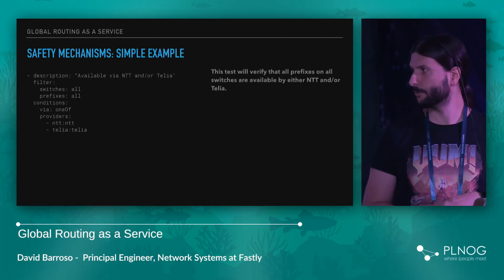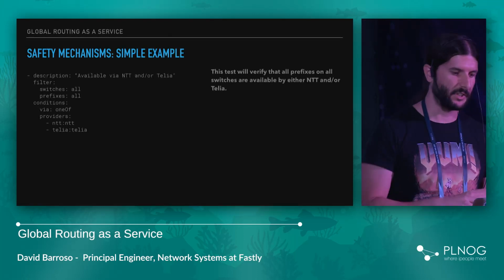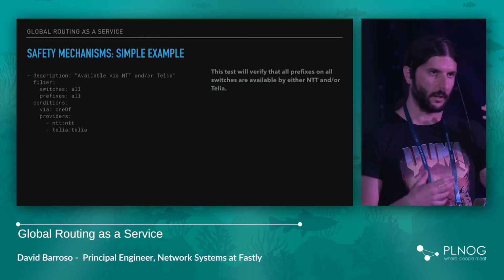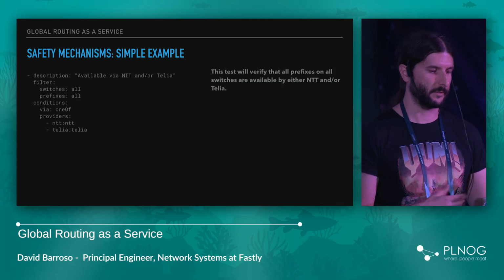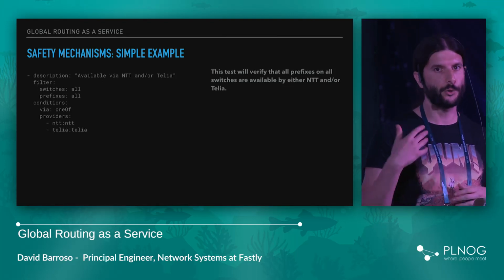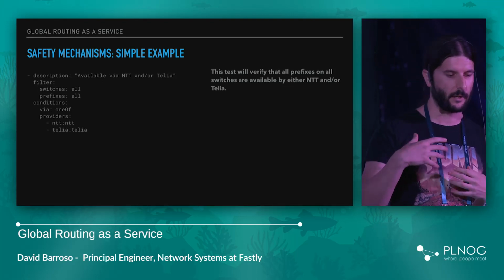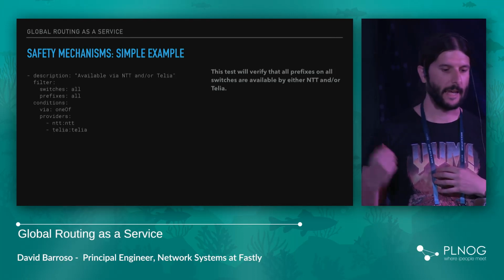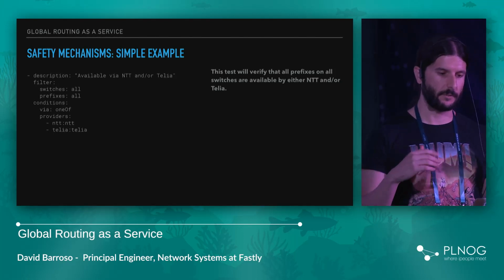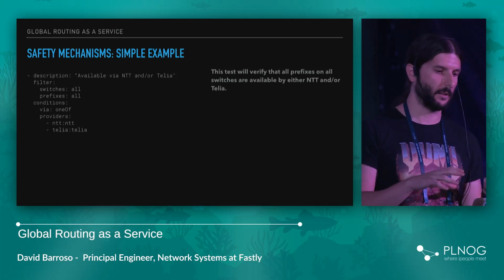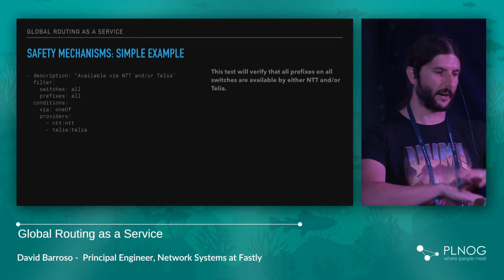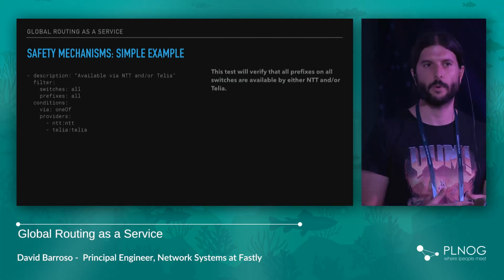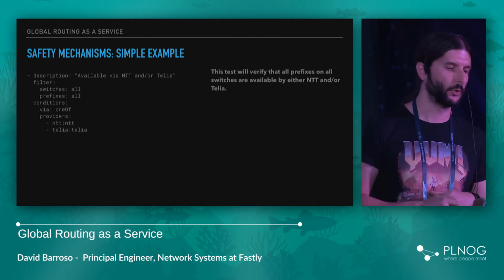I don't want to get into too many details here, but this would be an example where the operator would be saying, OK, on all my sites, for all of my prefixes, I want to ensure that they are all announced either by Telia or NTT. If this constraint is violated, the entire pipeline that deploys the changes should just stop. It shouldn't allow me to do this.